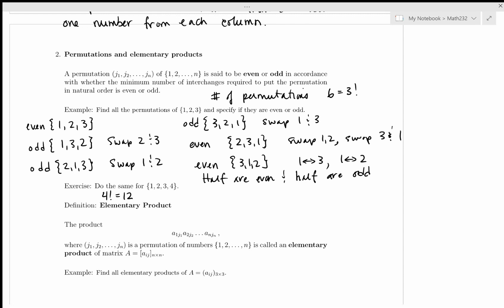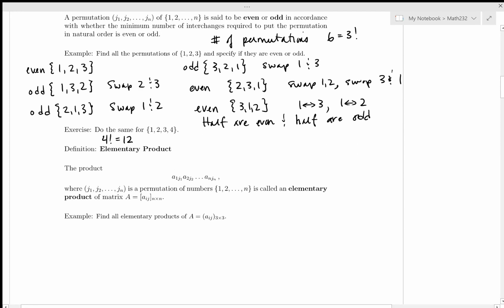Okay, so that is a permutation. Now we're going to use that to get at all of the elementary products. So we have some product here, a multiplication of some of the entries of our matrix, and what you'll notice is that the row index is 1, 2, 3, up to n.